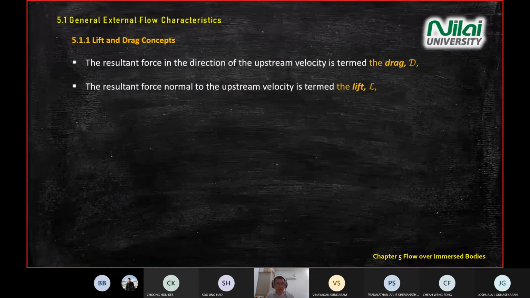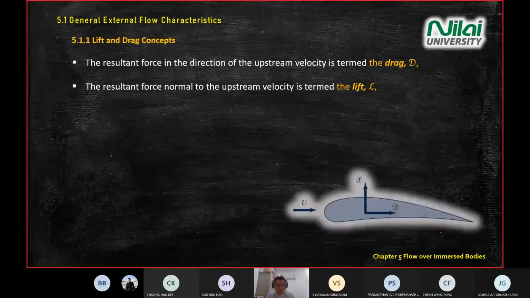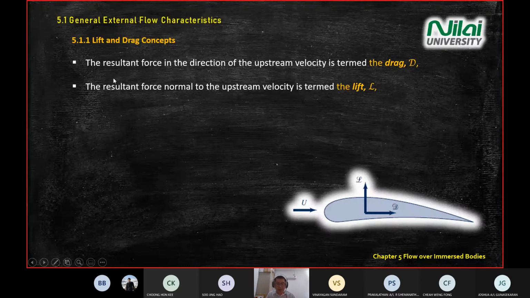All right. Now we start to look at what lift and drag are. If you look at the diagram on the screen, or in question number 3, there's a diagram there. How do you define lift and drag? When you have a flow, we call it upstream.